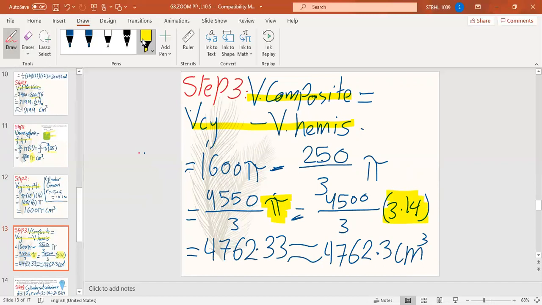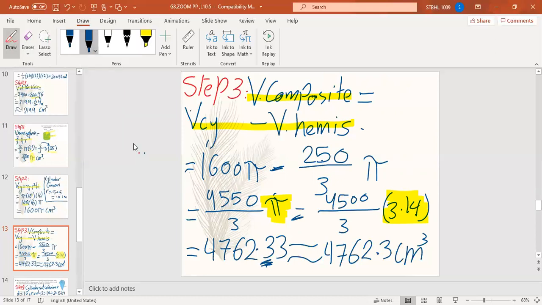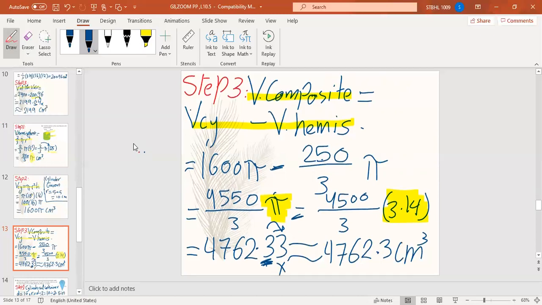So the volume of the composite solid will be 4,762.33, and we need to round to the nearest tenth. So we will underline the 10. Look at the digit to the right. It's 3, less than 5. I'll cancel it and I'll keep the 3, which is the tenth.